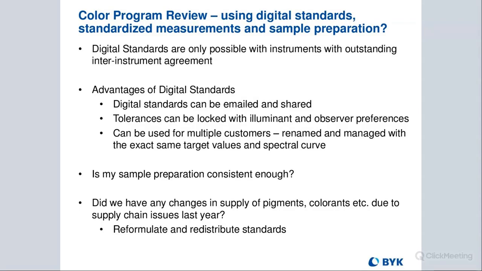So some of the advantages, we can share them or email the standards to all the plants, all the suppliers, anyone who has anything to do with this color can get these tolerances. Like I said, the tolerances can be locked, so the observer and the illuminants have to be always the same, and multiple users can use them and they're targeting the same exact spectral curve.